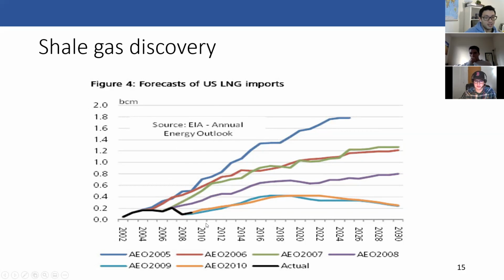As time goes on, more and more shale gas resources became available, and so that shifted the projections downwards. And so the AEO 2014 was basically flat, right, in its projections.